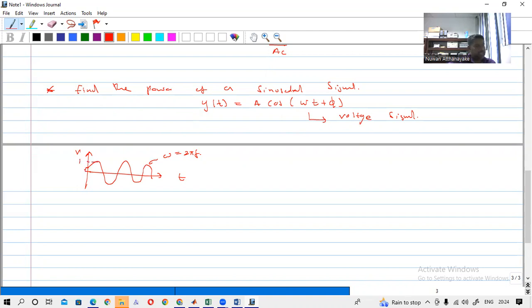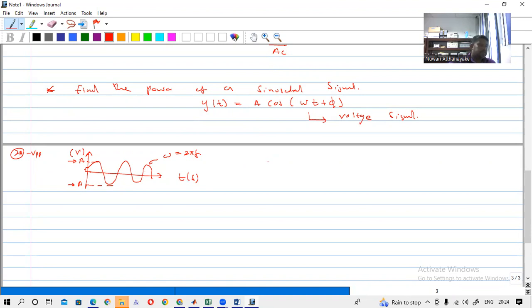The amplitude is A. This is the peak voltage and this is the minus peak voltage, so 2A is the peak-to-peak voltage, Vpp. This A can be any value, 2 volt, 3 volt, 5 volt, any value. It is measured in volts, and this axis is measured in time.